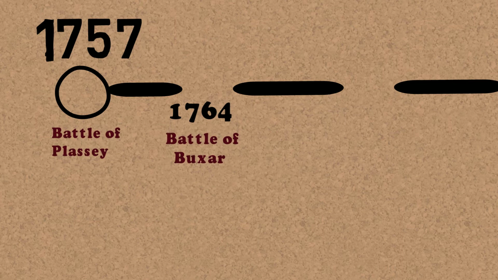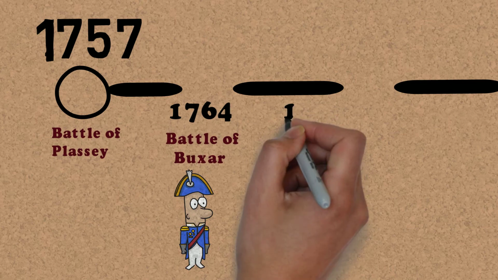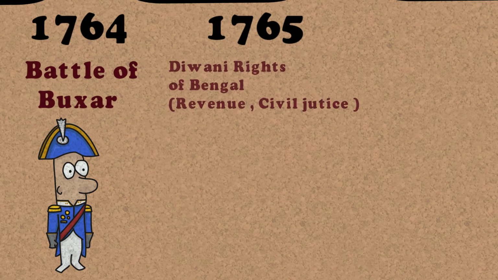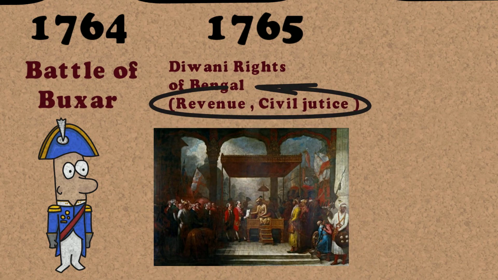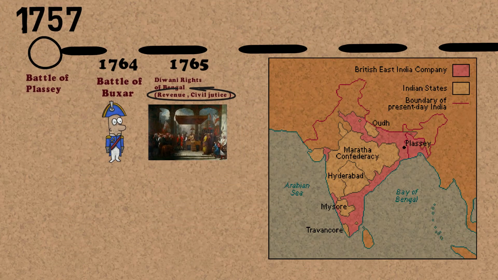Battle of Buxar was an important victory for the East India Company as it marked the beginning of EIC as a territorial power. After this, in 1765, the East India Company gained the Diwani rights for the province of Bengal from the Mughal Emperor. Diwani rights were nothing but rights over revenue and civil justice. Thus, from being just a trading company, EIC became a political power after gaining these revenue rights.